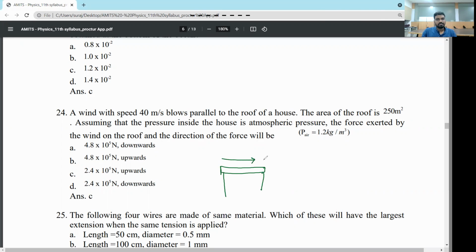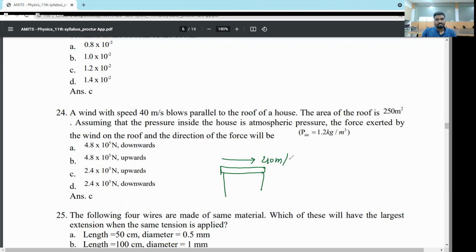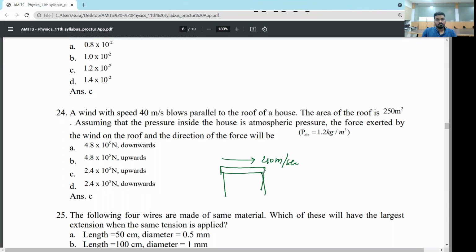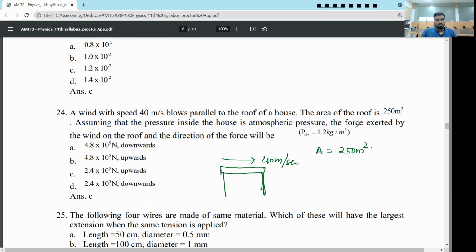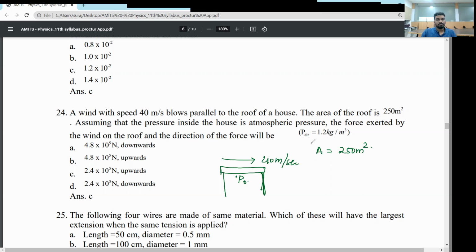Wind velocity is given as 40 meter per second. The area of the roof A is given as 250 meters square. Pressure inside is atmospheric pressure P naught.